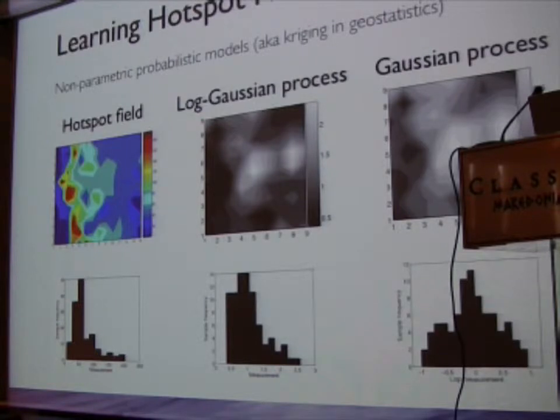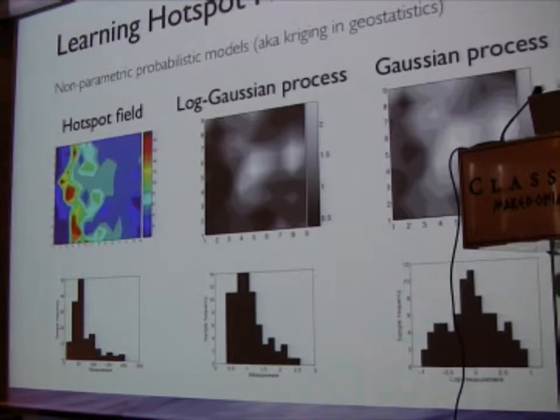Perhaps a lot of you are very familiar with this thing called Gaussian process. We can generate a sample from a multivariate Gaussian distribution, and you'll get this. To get a log Gaussian process, all you need to do is to take the exponential of all the measurements, and it will result in that map there.